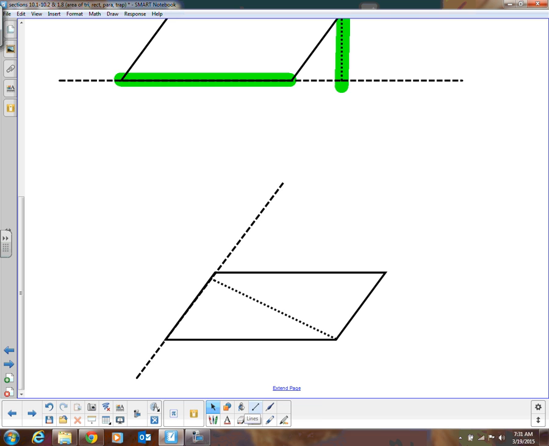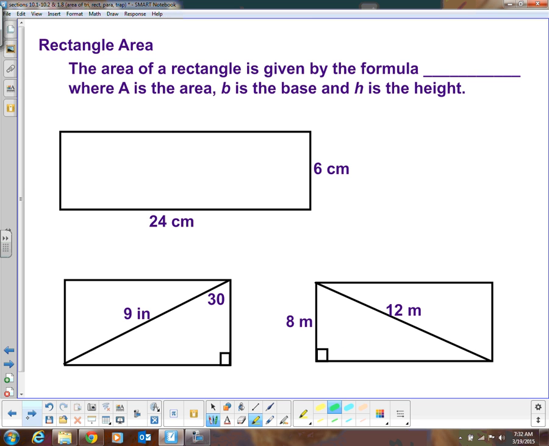And if I wanted to do a perpendicular, does that look like it forms a right angle? If that's the right angle, then this would be my height, this would be my base, or that would be my base. All right.